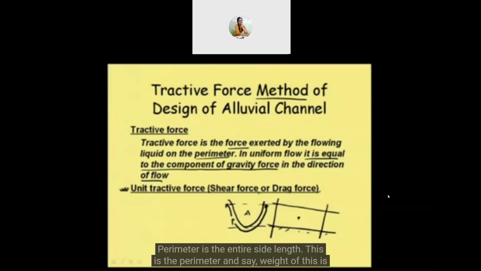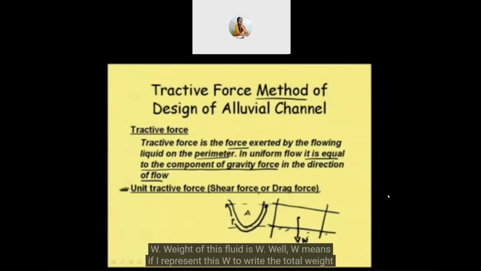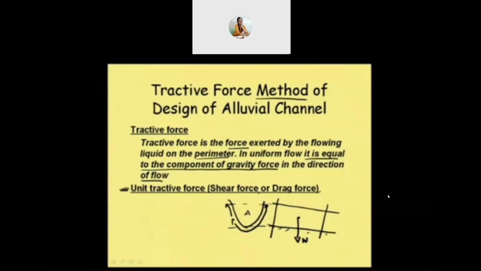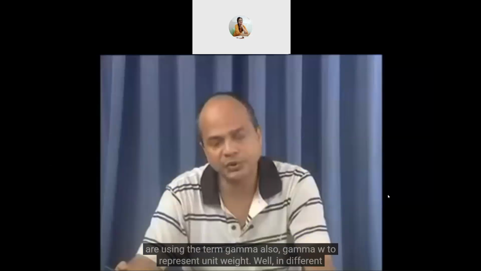The weight of this fluid is W. If I represent the total weight as W, and the unit weight of the fluid as small w, sometimes the term gamma W is also used to represent unit weight.